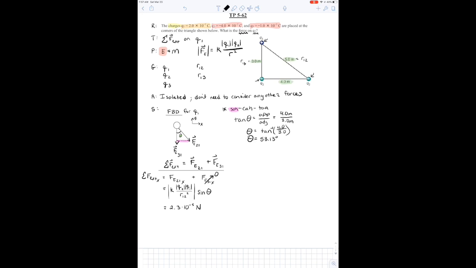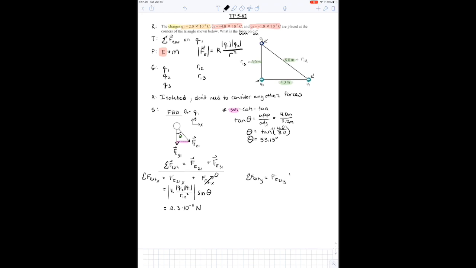So now I can do the same thing over in the y direction. So the sum of all external forces in the y direction is equal to, and this is where I'm going to add up again, my electrostatic force coming from charge 2 acting on charge 1 in the y direction plus my electrostatic force coming from charge 3 acting on charge 1 in the y direction. Well, here's the interesting thing.